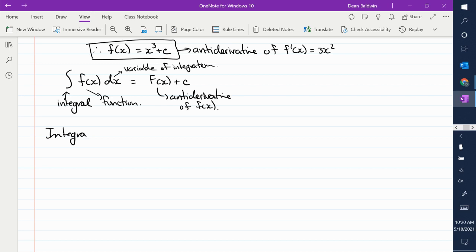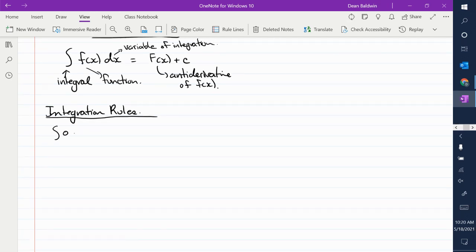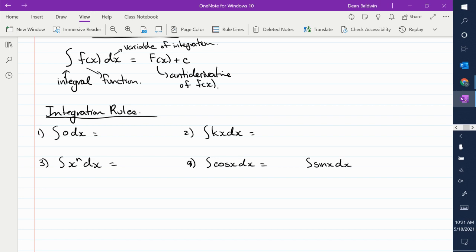So we're going to call them integration laws or rules. All right.